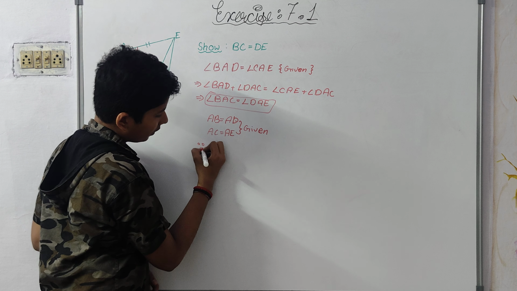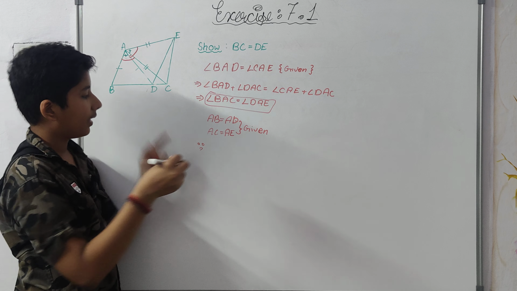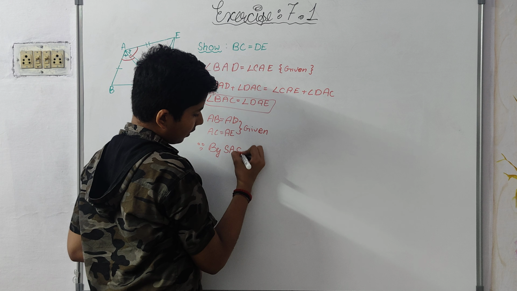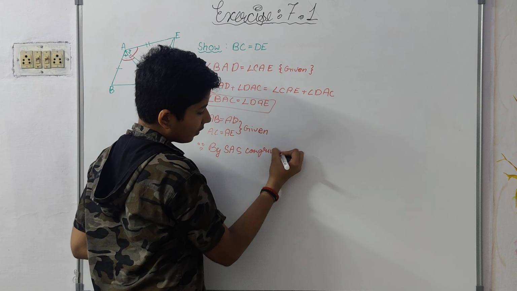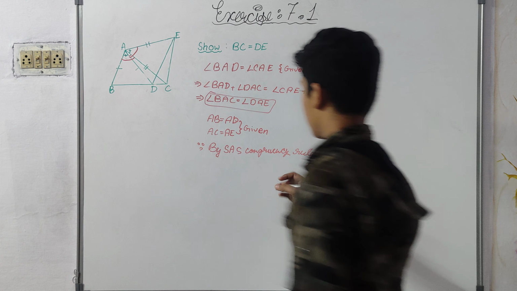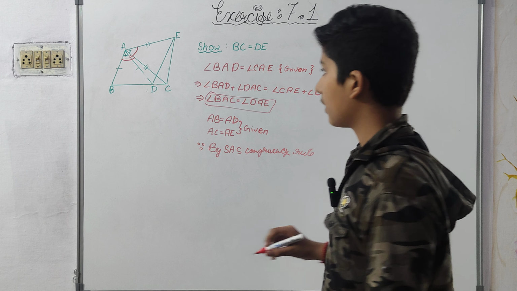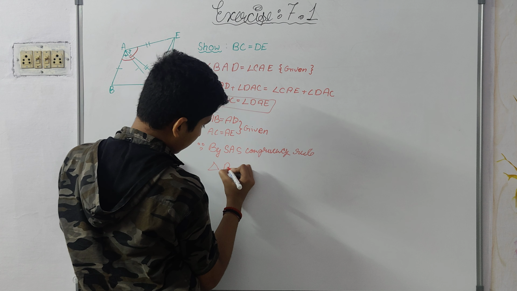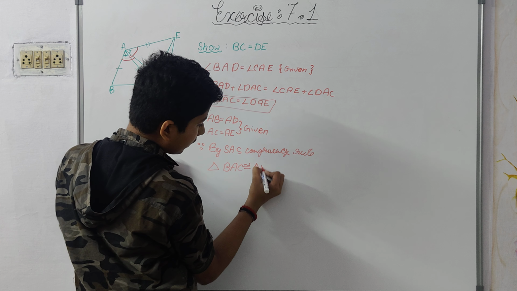Now therefore, this is the angle and these are both sides, side angle side, meaning by SAS congruency rule. So which rule have we applied here? SAS. By SAS congruency rule, triangle BAC is congruent to triangle DAE.